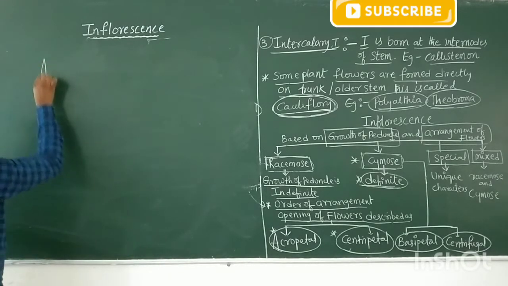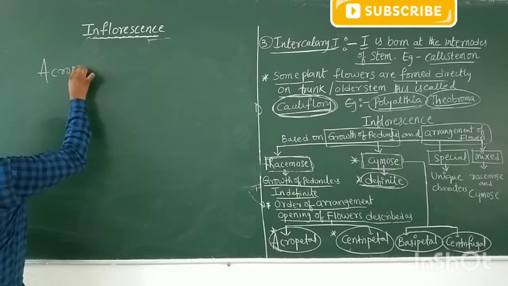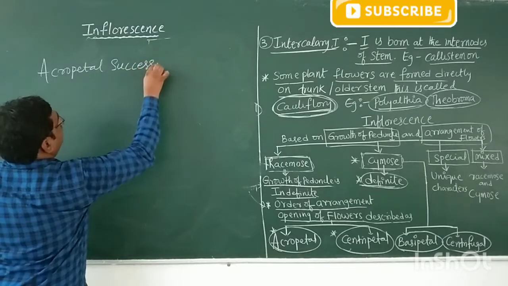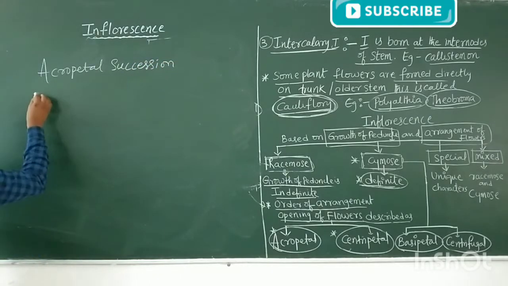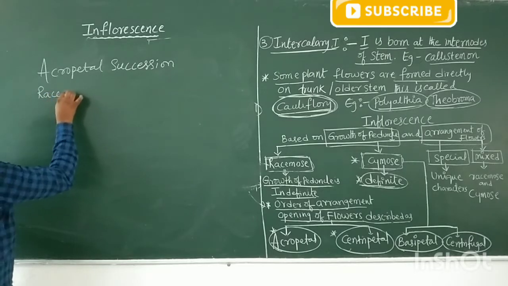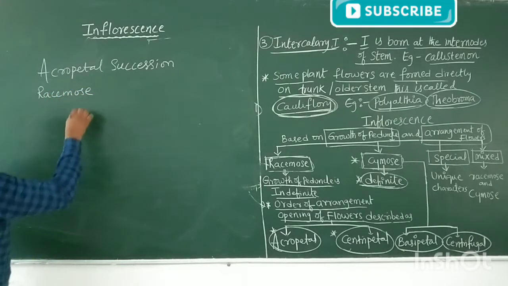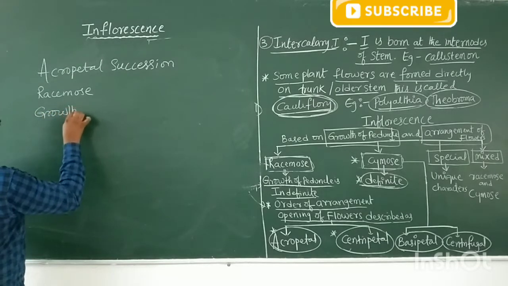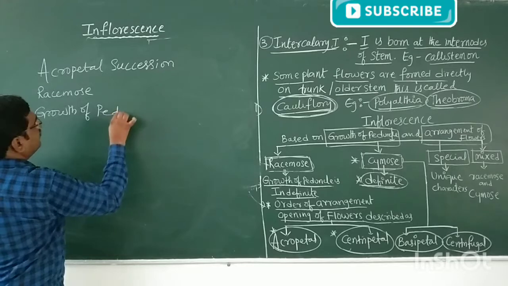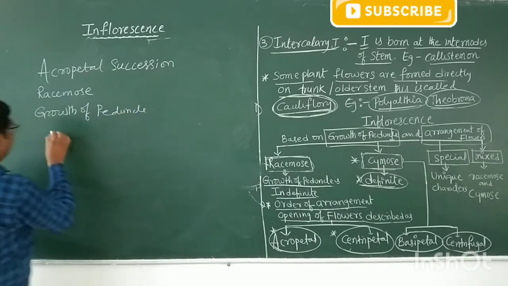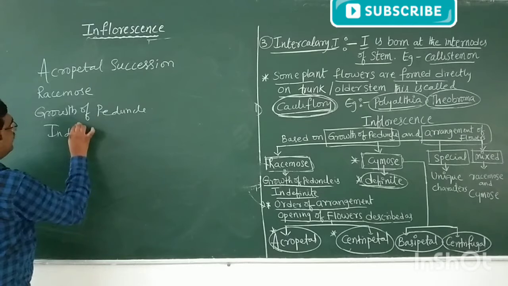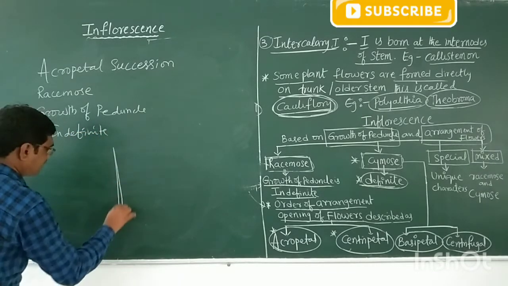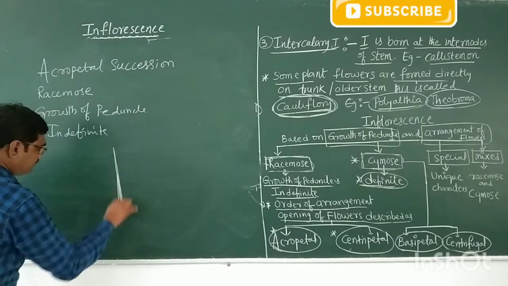See here, acropetal succession. Acropetal succession means, in a racemose, the growth of the peduncle is indefinite. This is the inflorescence, and this is the peduncle.